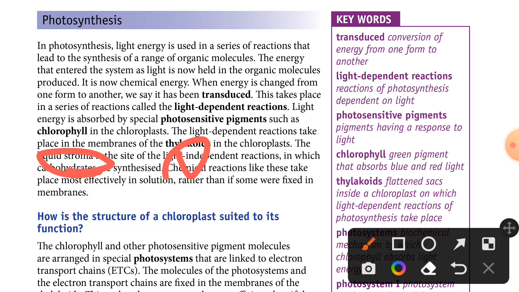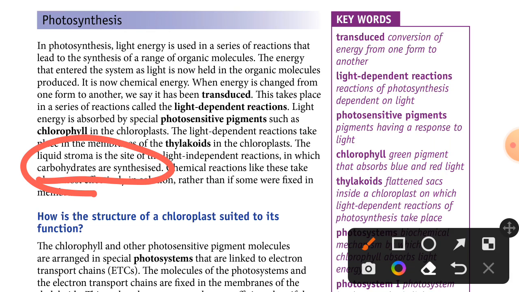Stroma independent. So thylakoid light dependent keessattidha. In which carbohydrates are synthesized. Don't forget this one. Light independent reaction keessatti carbohydrate uumama. Carbohydrates are synthesized in light independent reaction.